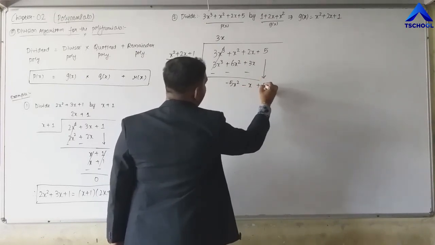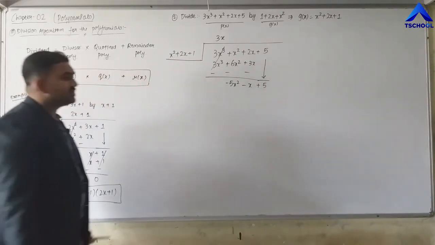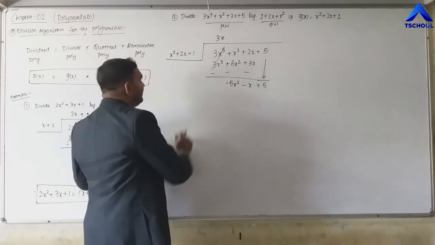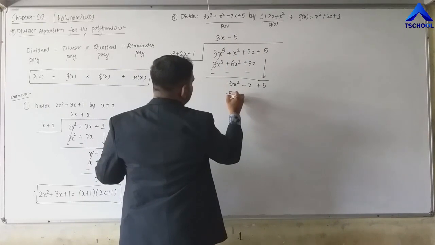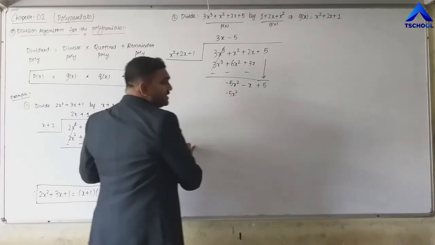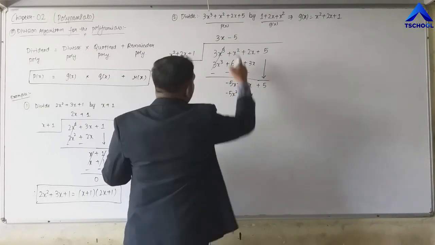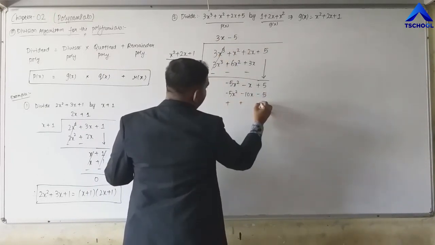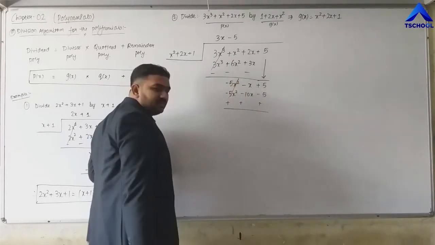Bringing the 5 down, we get minus 5x square minus x plus 5. Again comparing the first terms, here it is minus 5x square, here it is x square. So we multiply by minus 5 to make them the same. Minus 5 into plus 2 is minus 10x, minus 5 into 1 is minus 5. Again eliminating them, this is cancelled.